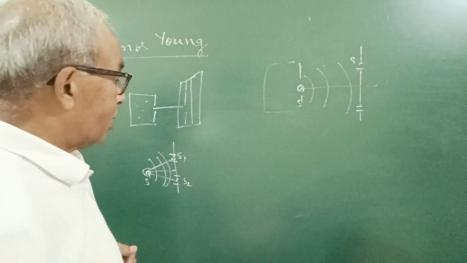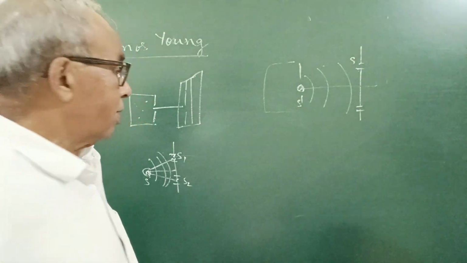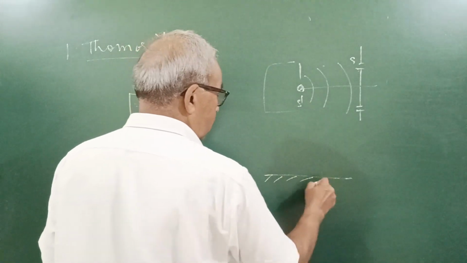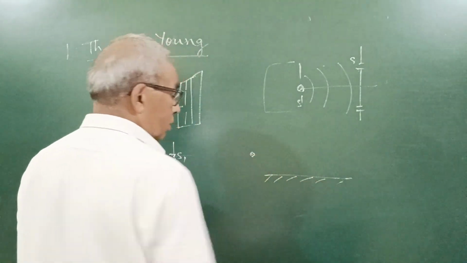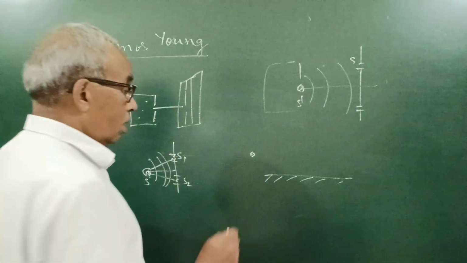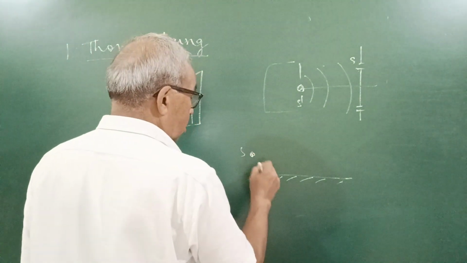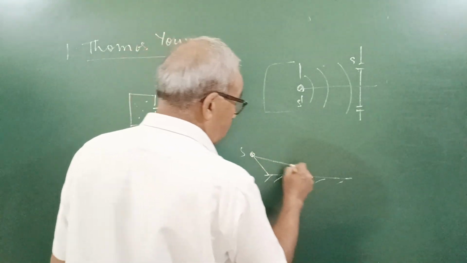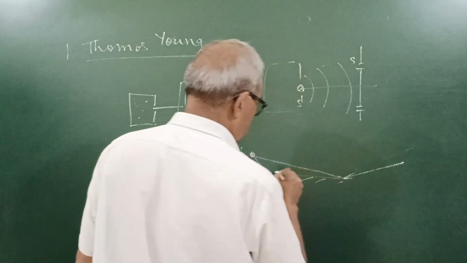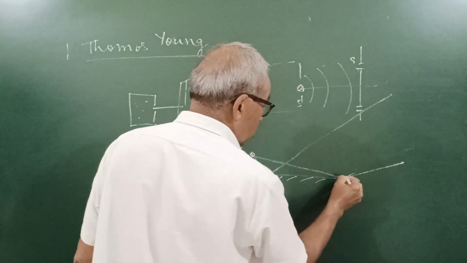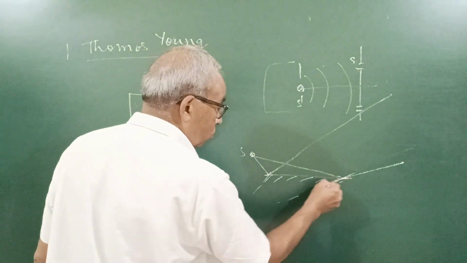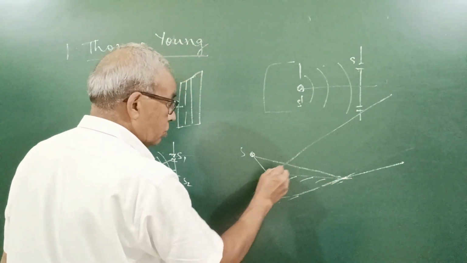There was another method, this is called Lloyd's mirror. Here is the plane mirror. Sodium light, because it is known to be monochromatic, plays here. Then light from here gets reflected like this. If we produce them back, we get this image here.